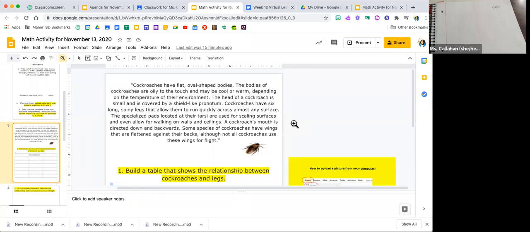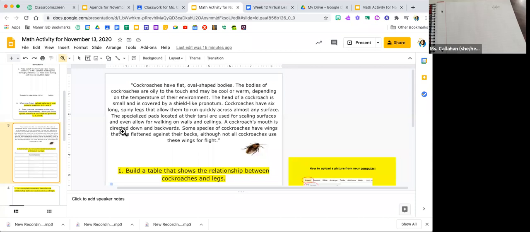The specialized pads located at their tarsi are used for scaling surfaces and even allow for walking on walls and ceilings. A cockroach's mouth is directed down and backwards.